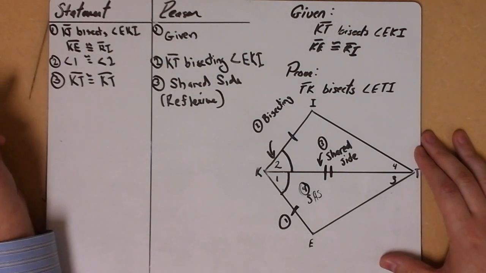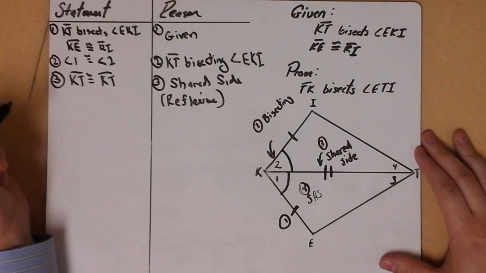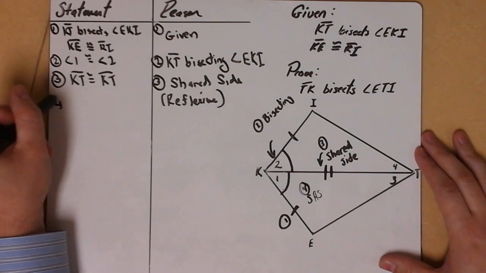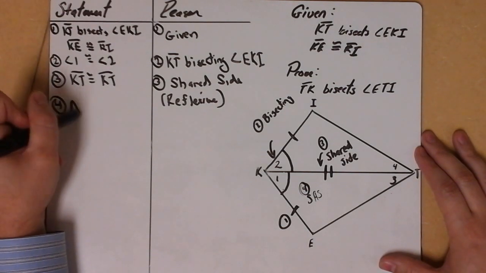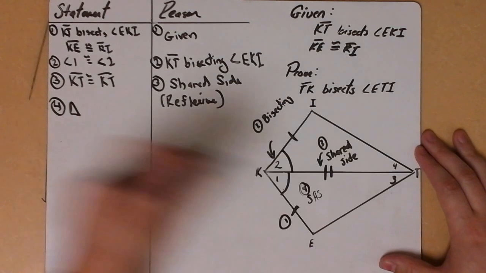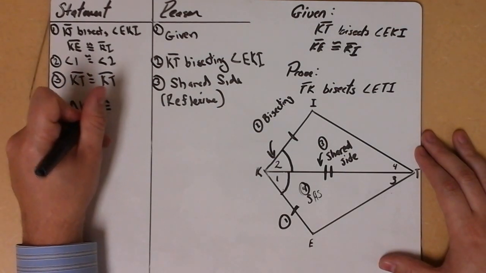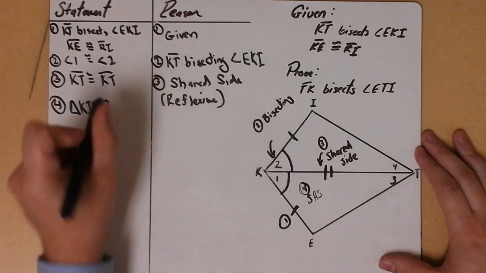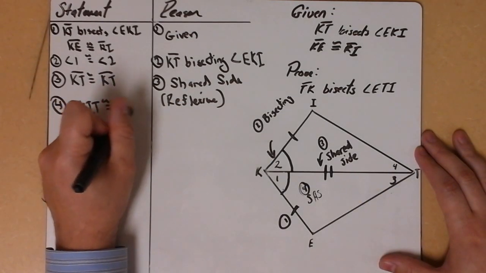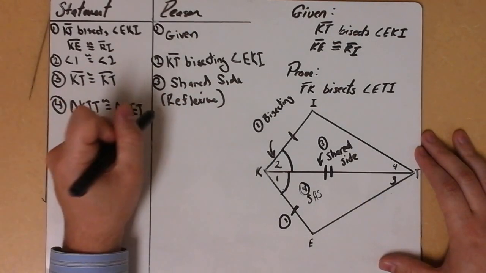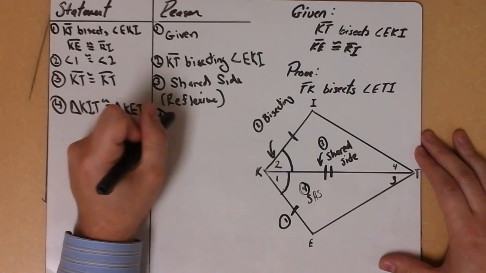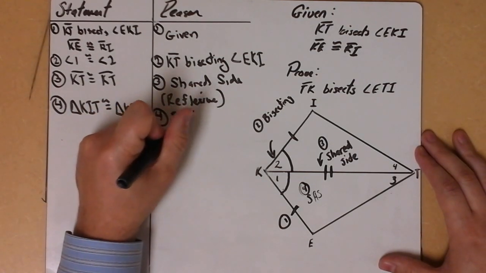Okay. Now, I can state that the triangles are congruent. So I'm going to say triangle KIT is congruent to triangle KET. And that is because of side, angle, side.